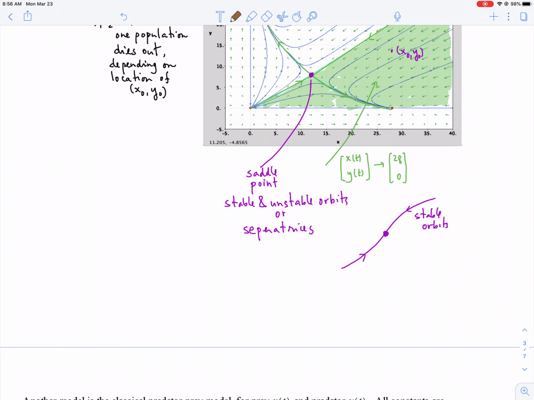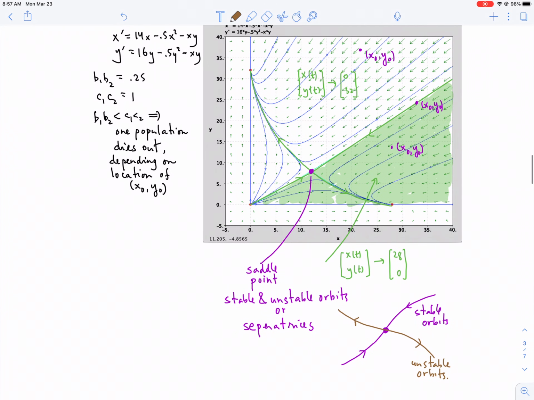And there will be as well the unstable orbits whose tangents converge to the eigenspace with positive eigenvalue.